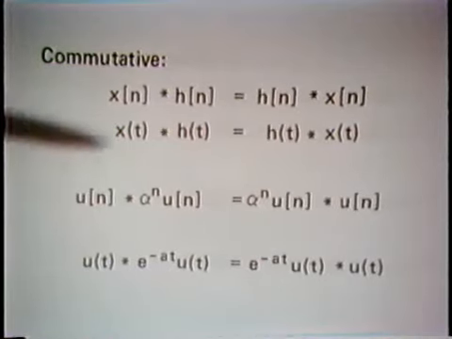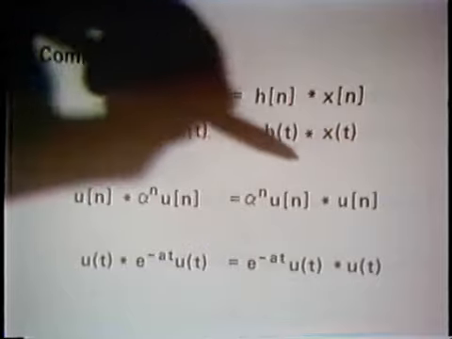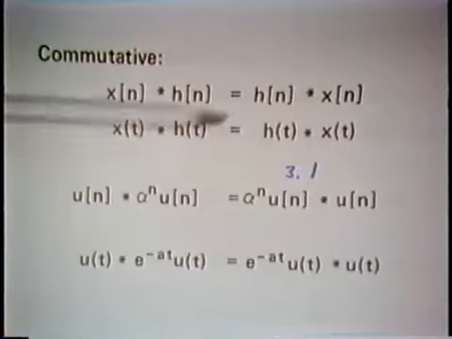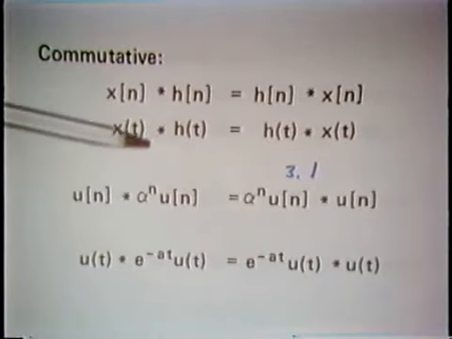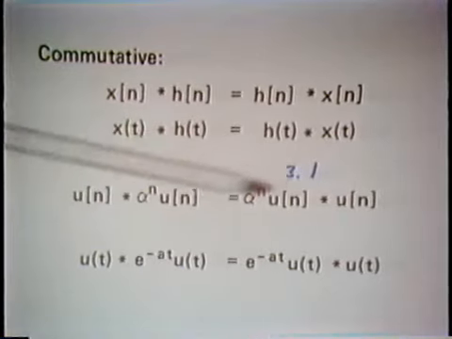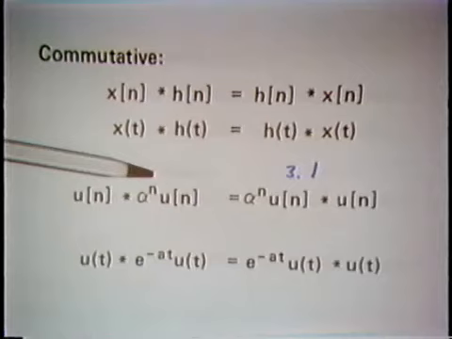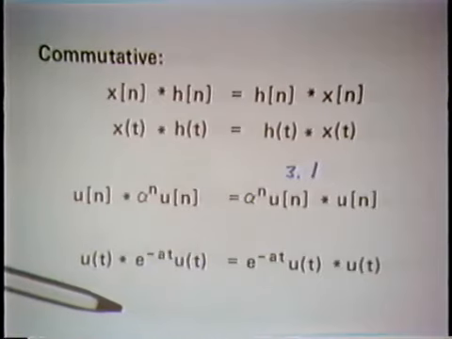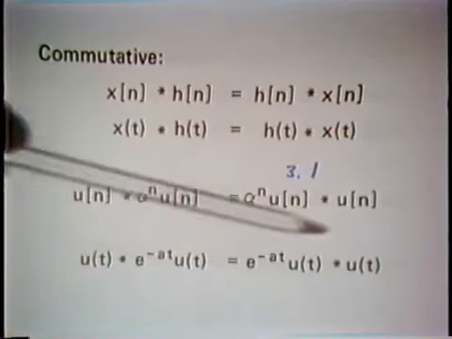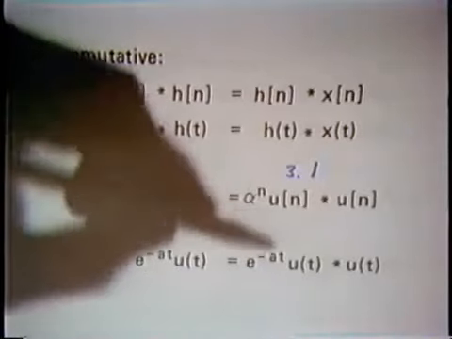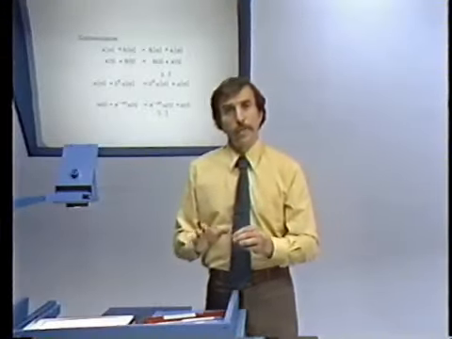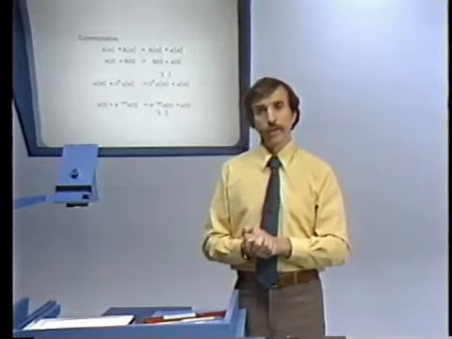That corresponds to example 3.1, and you'll see that the same result occurs in example 3.1 as we generated in the lecture. There's a similar comparison in continuous time. This example was worked in lecture, and this example is worked in the text. In other words, the text works the example where the system impulse response is a unit step and the input is an exponential.